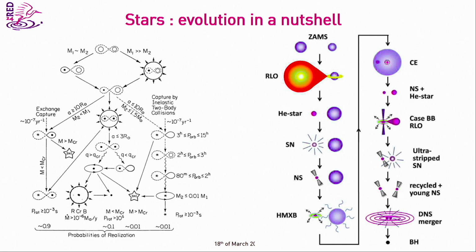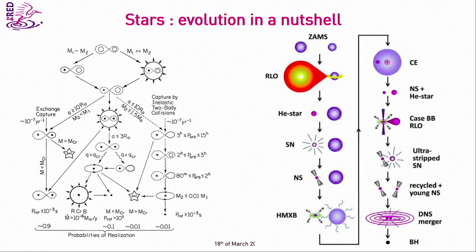So you'll strip the star. This star at some point can explode, make a neutron star that you will observe in X-rays. And in the meantime, the other one, which has become bigger because of accreting material, will also become so big that it will engulf the neutron star. This is what we call the common envelope. So you have a neutron star inside a normal star.